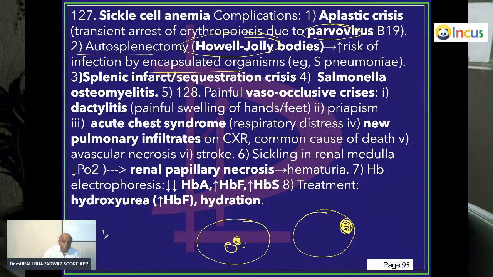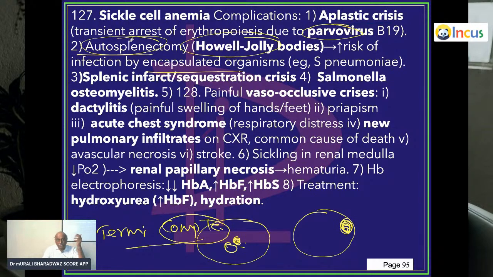Your terminal complement component pathway will not be available, because these terminal components are produced in the spleen. Spleen will destroy itself in sickle cell anemia. Why? Because all these sickle cells will lead to vaso-occlusion of the splenic vessel, decreasing blood flow to the spleen, and the spleen is gone by itself.